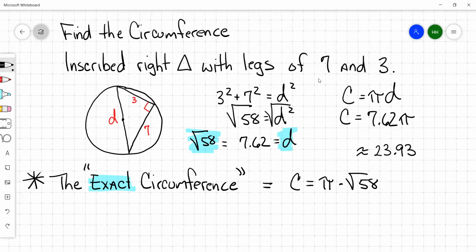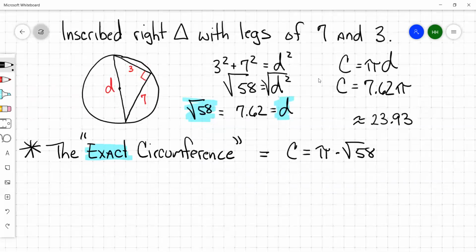And since 3.14 is also an approximation of pi, and it's not the exact value of pi, if you're asked to find the exact circumference of this circle, it would be equal to pi times the square root of 58.